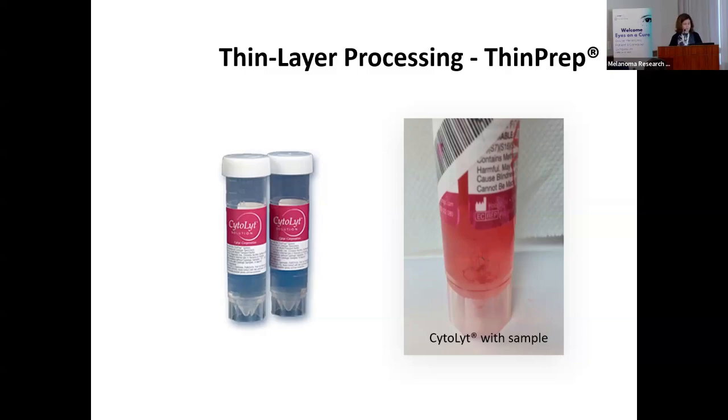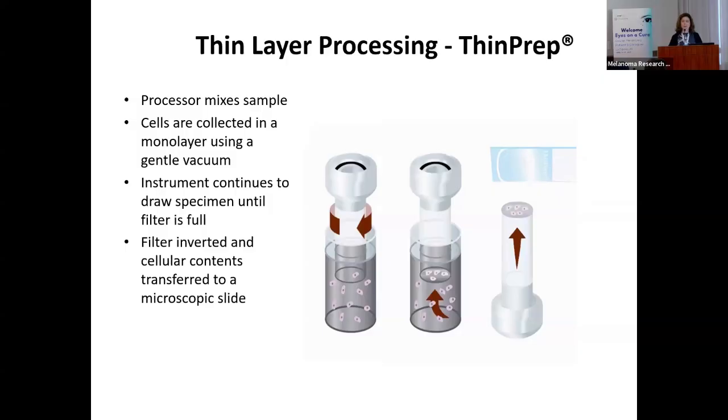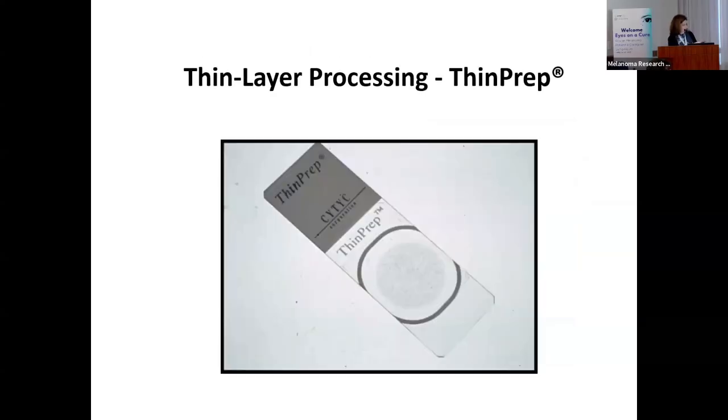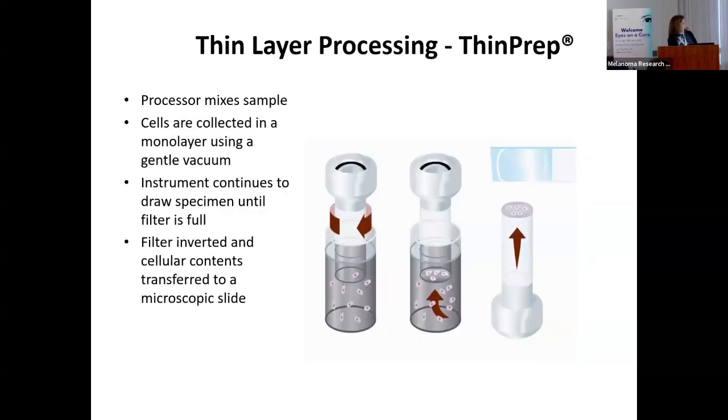That's what we're doing. Then we take those cells and we make sure we look at absolutely every cell that's in that sample. And we do that by using a processor that collects the cells on a filter, which is this little filter right here.